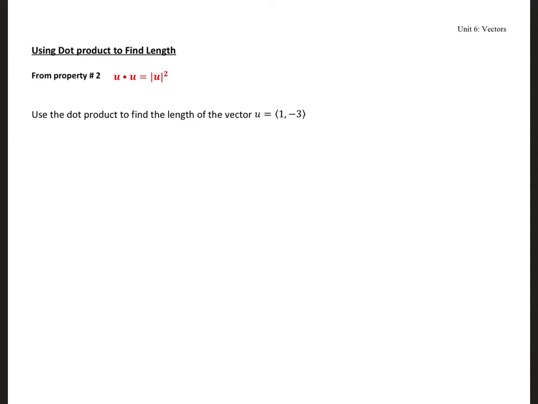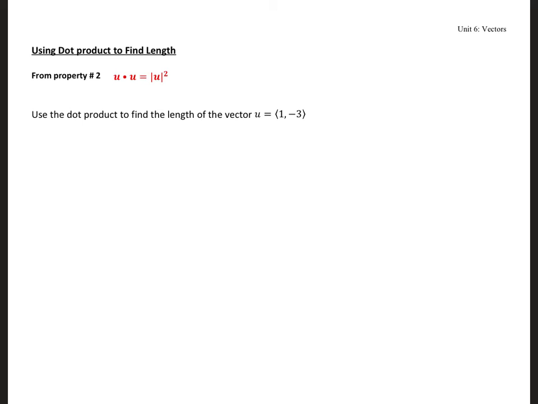Here, let's look at an application of the dot product. I'm going to use property number 2. The dot product of u with u is equal to the magnitude of vector u squared. So here, I'm going to use this property to find the length of this vector. Remember, there are two ways I can do that.